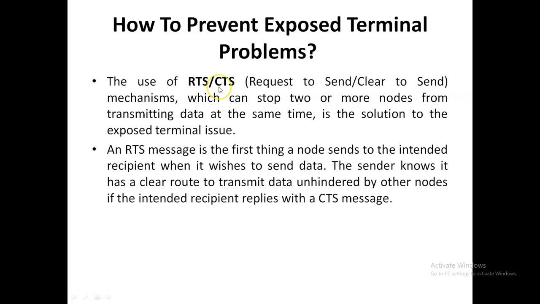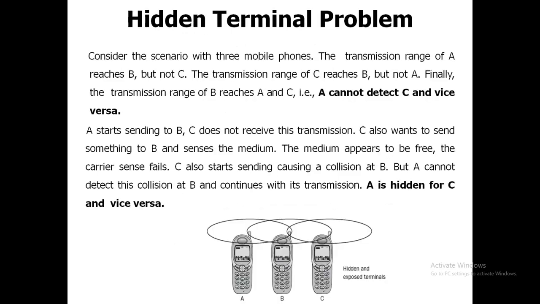Once the receiving node gets it, it sends back a CTS, clear to send. Once the clear to send is received by the sender, the sender can start transferring information to the receiving node. So this is about the hidden and exposed node problem.